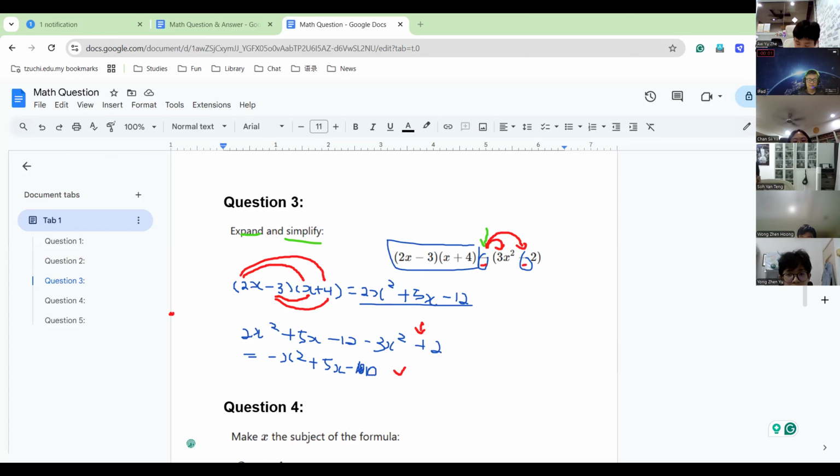Sorry, teacher, how do you get the 5x? Oh, okay, Tracy, how you get a 5x? Oh, it's just like in a longer term would be like this one. Let me copy the question.